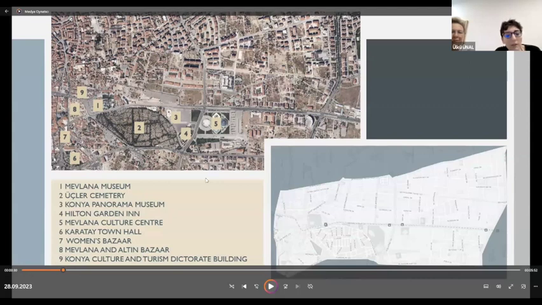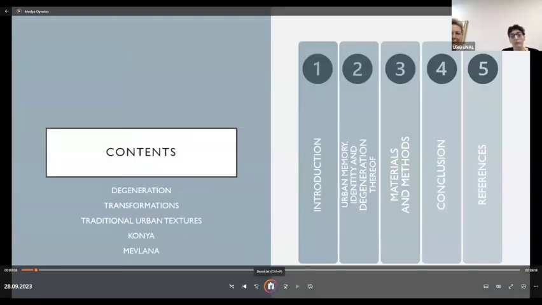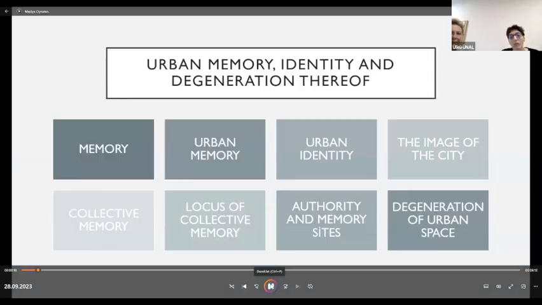I will start again. Our topic is degeneration in traditional urban textures, the example of Konya Türbe Önü. We can summarize the conceptual background of this study with these topics.